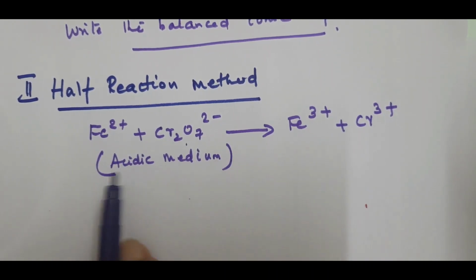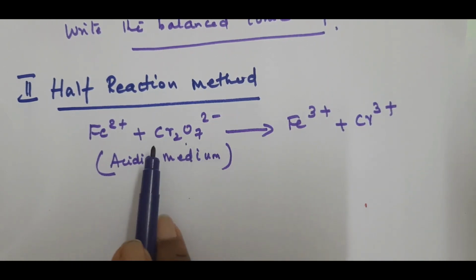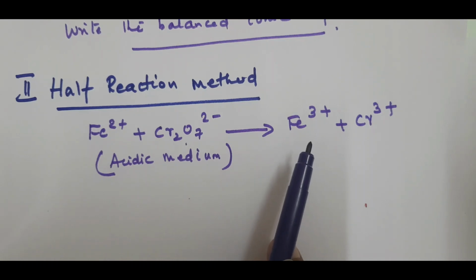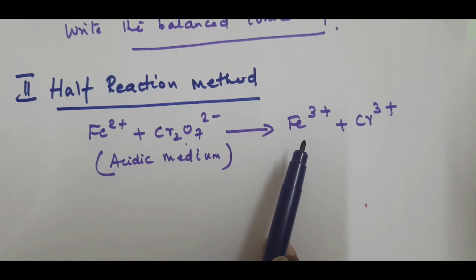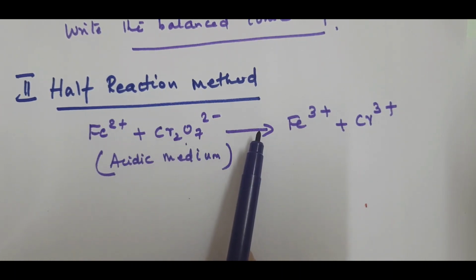So you will be given a word numerical. But here I have given you an ionic equation straight away. If a word numerical is given, you have to convert that into this ionic equation, which we did in the last numerical. Correct? Okay.